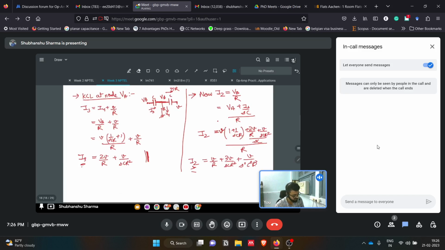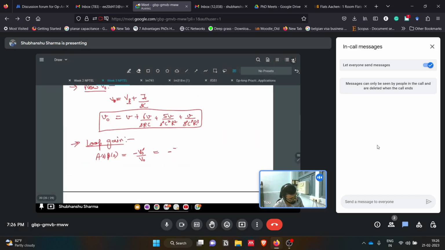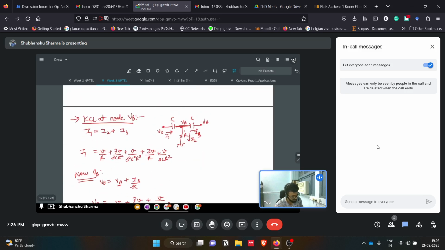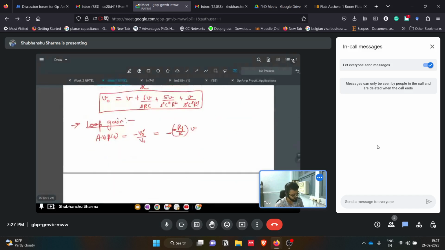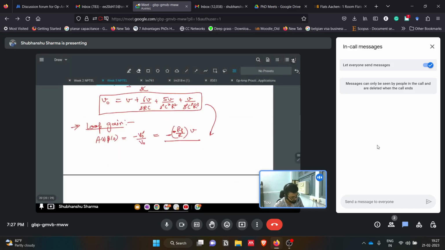That is simply minus RF by R. This negative is already here, times V, where V was the input voltage at this node. This we got, and V naught we can substitute from here. So this is V plus 6V/SRC plus 5V upon S square C square R square plus V upon S cube C cube R cube. Till now it's fine.